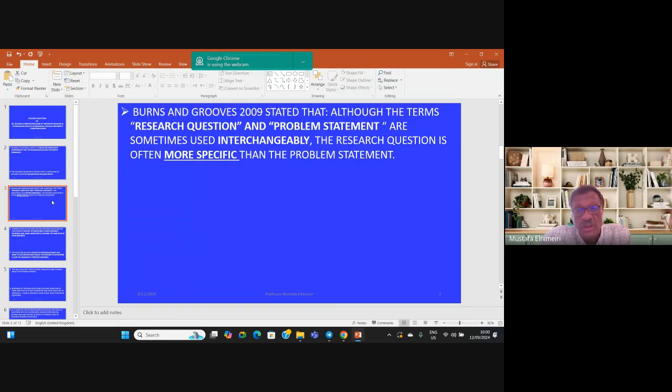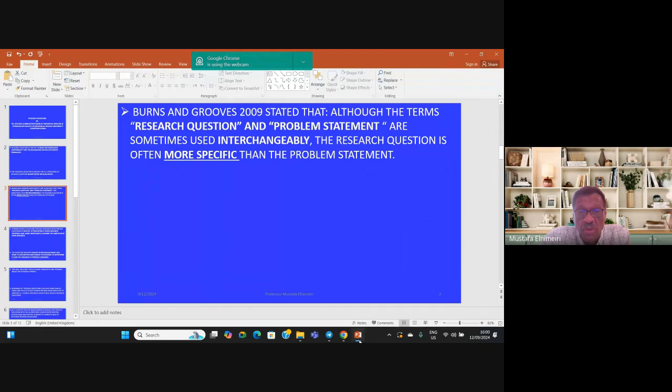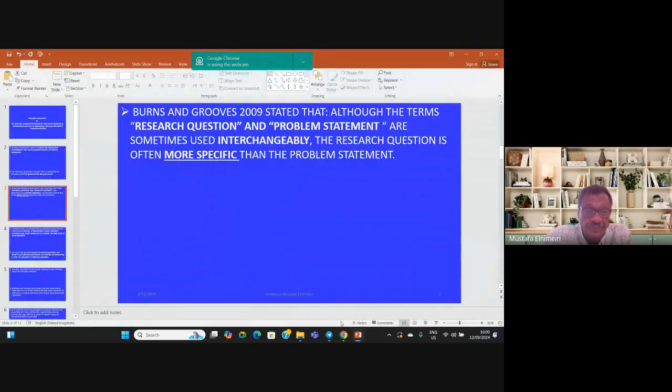Burns and Groups in year 2009 stated that although the terms research question and problem statement are used interchangeably, usually they are different in the sense that the research question is more specific compared to the problem statement.